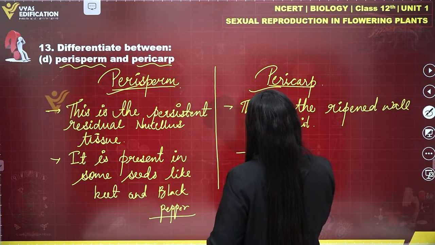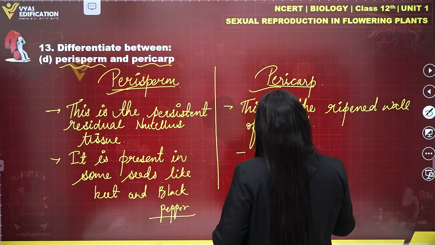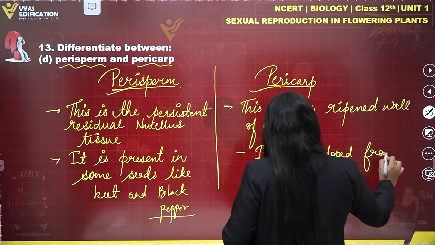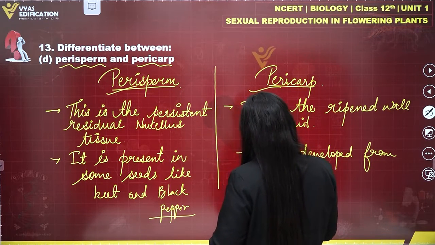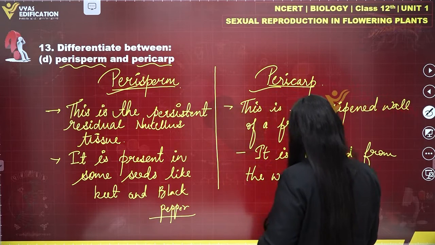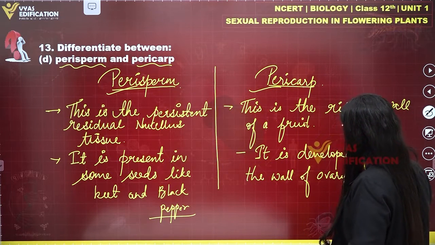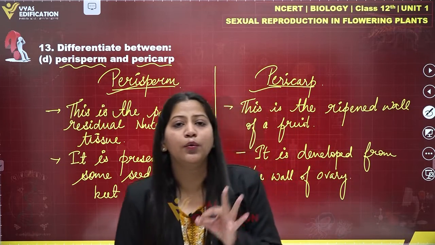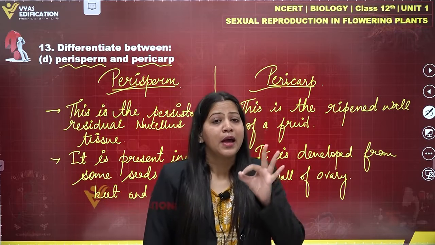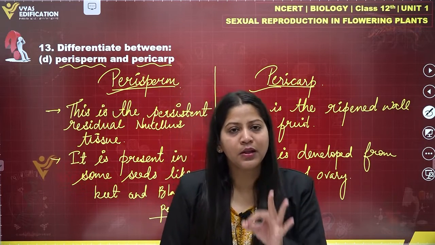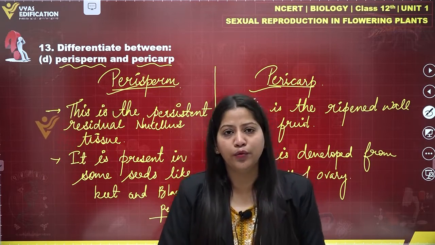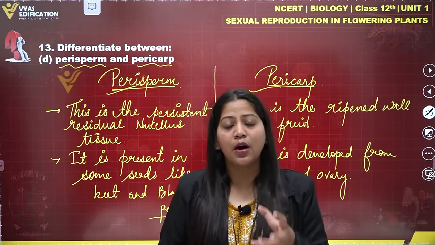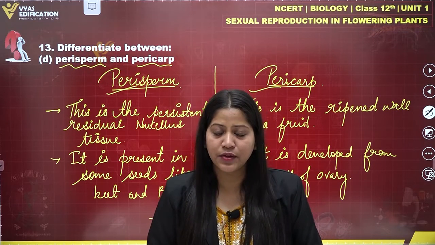It is developed from the wall of the ovary, because we know that after fertilization, ovary gets converted into fruit and ovule converts into seed. As we know, the outermost covering of an ovule, the integument, converts into testa, the covering of the seed after fertilization.